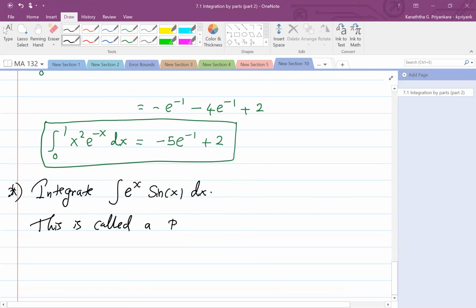In this case, you can choose either e to the power x or sine x as u. If you use u as e to the power x, then the next time you use integration by parts, go with e to the power x as u, don't mix. That's what you need to do for this problem.